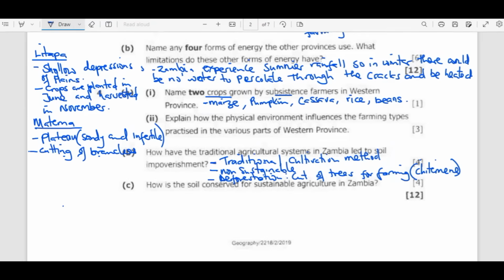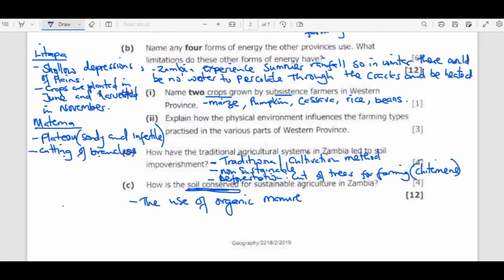So the first one that we can give is the use of organic manure, because organic manure will not destroy soil.